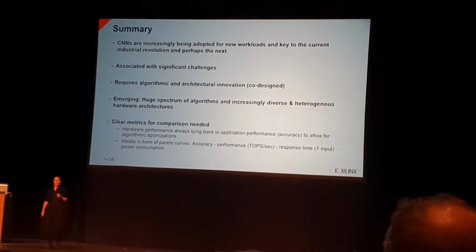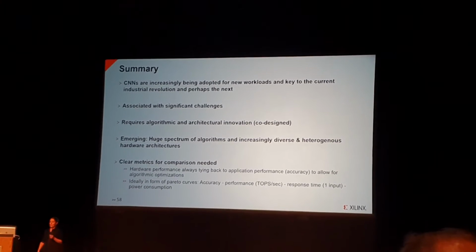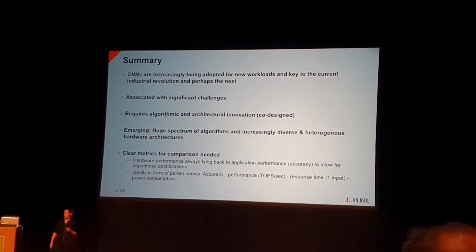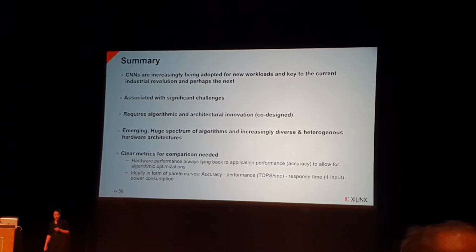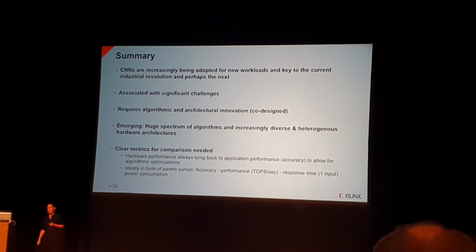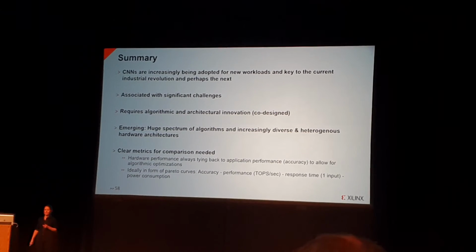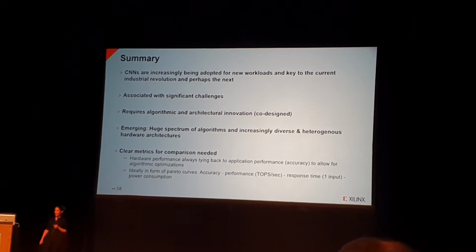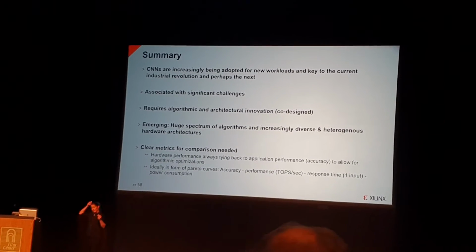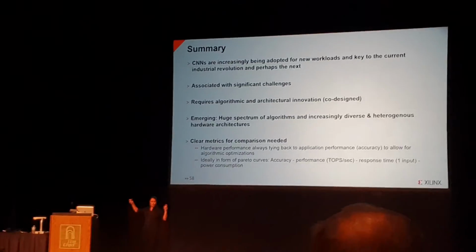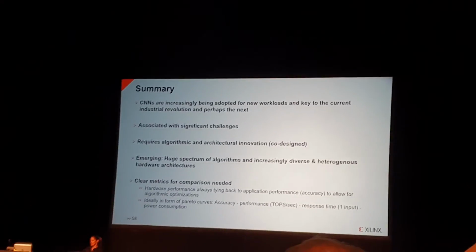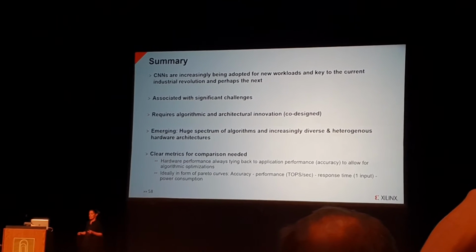One thing I would like to leave you with today is the need for defining clear metrics that allow us to do adequate comparisons between these endpoints in the solution space. So the hardware performance always needs to be tied back to the application-level performance, because you need to provide the algorithmic freedom to optimize for this broad range of different types of hardware architectures.